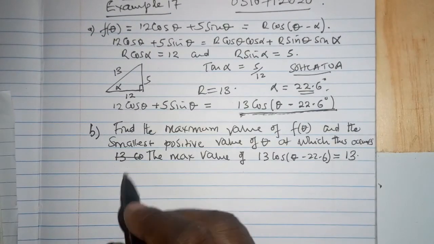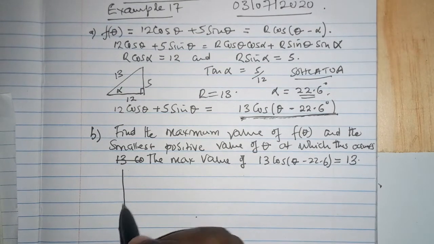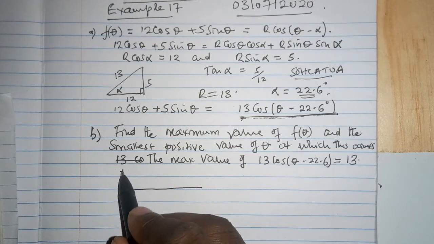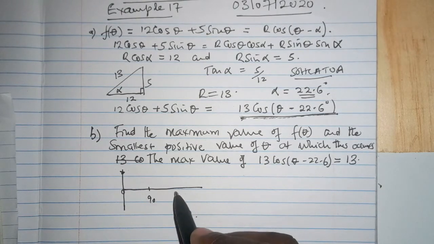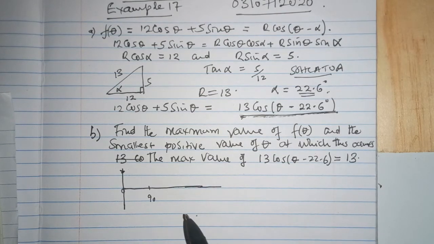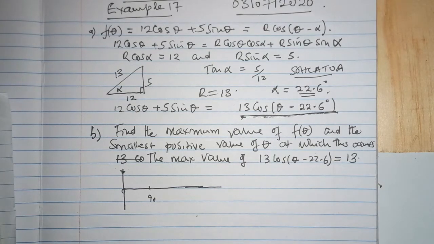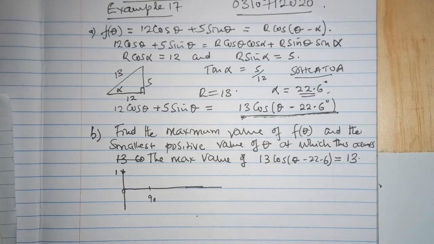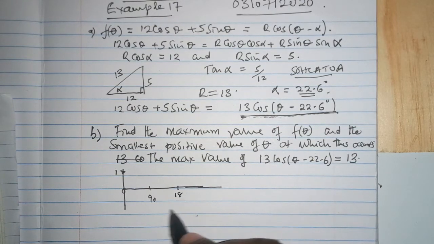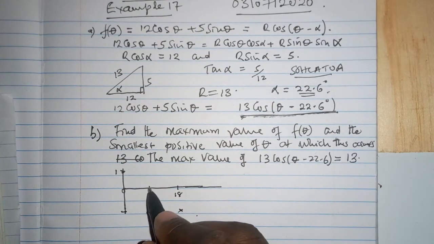Let me explain this. We know very well if we have the cosine curve, the cosine of 0 is 1. The cosine of 90 is 0. The cosine of 180 is going to be -1.